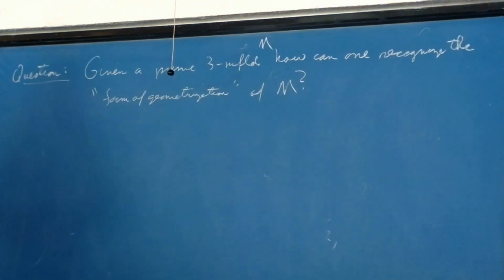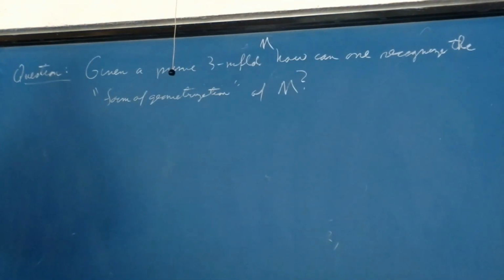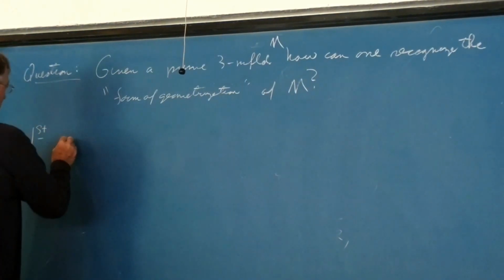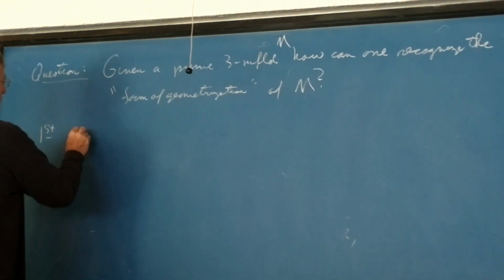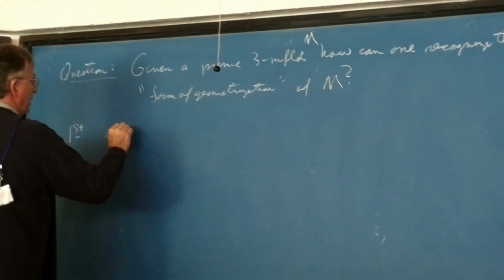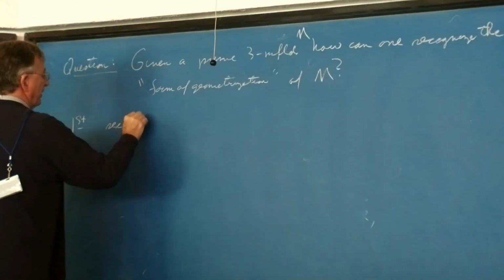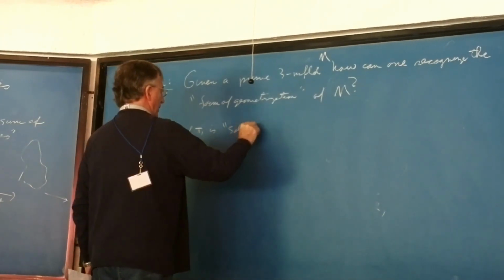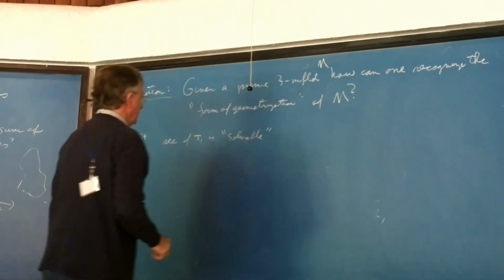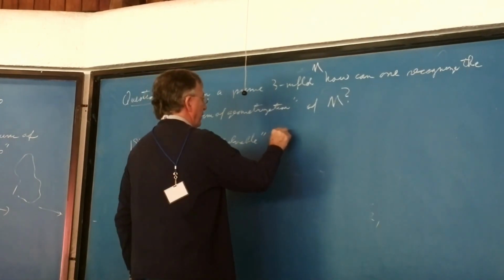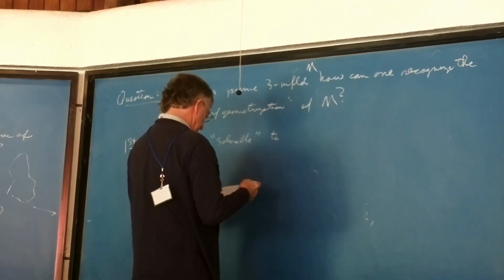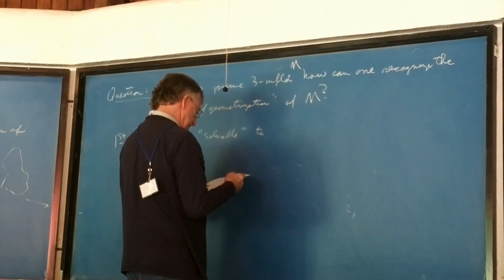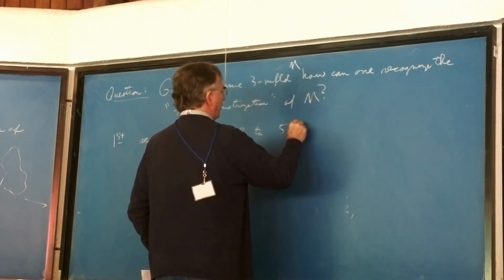So the first step is you see whether or not pi 1 is virtually solvable, to decide if you're in the 5 or the 3.